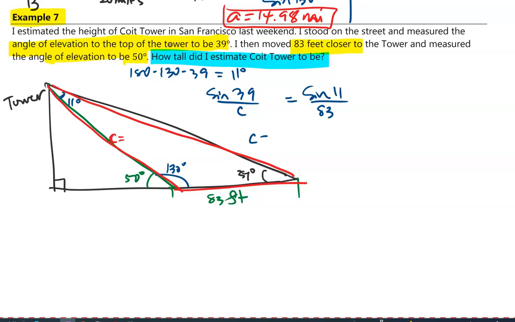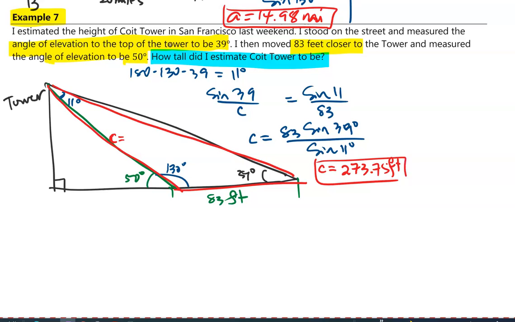So C is equal to 83 sine of 39 degrees over sine of 11 degrees, so that we will have C is equal to 273.75 feet. So this is 273.75 feet.